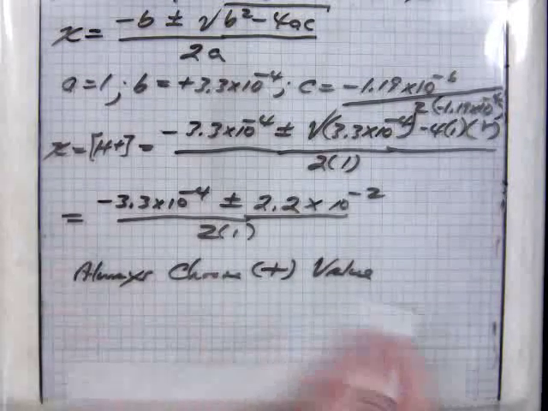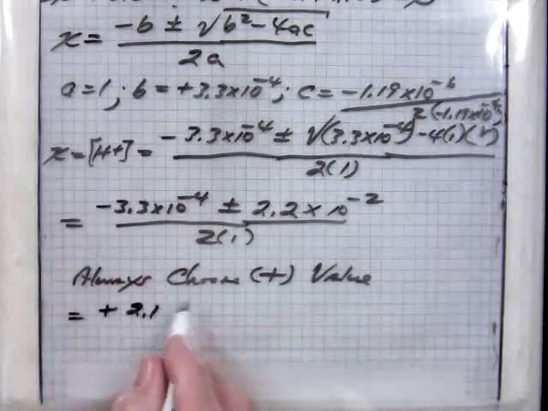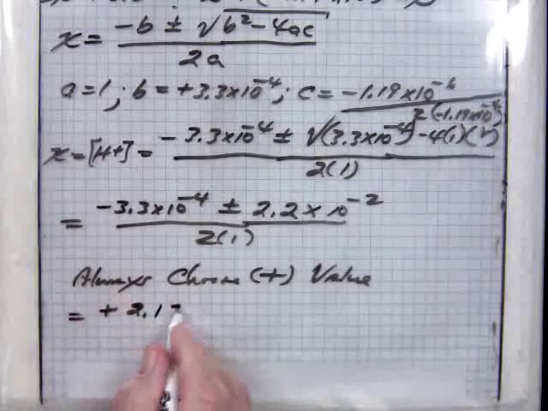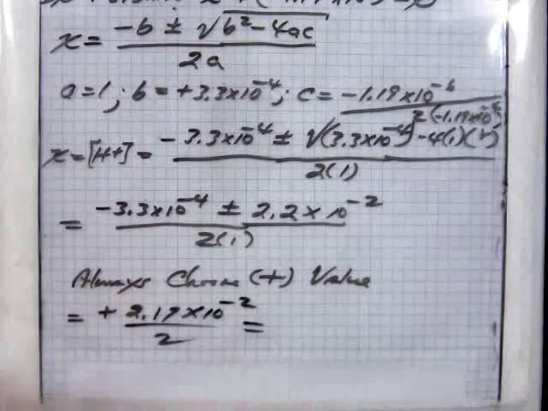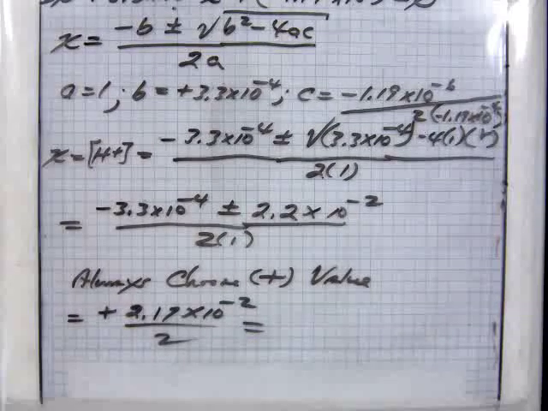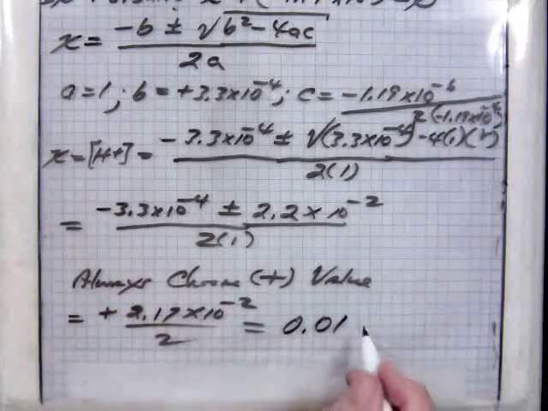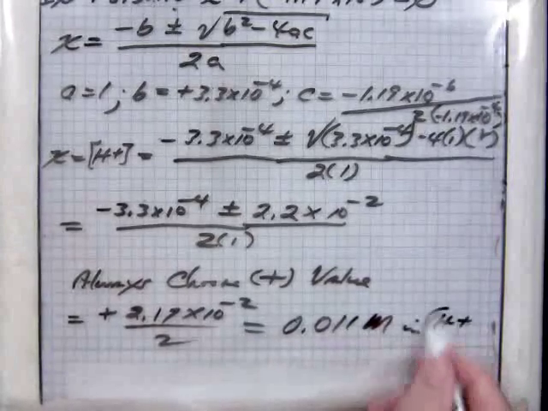So that essentially is 2.17 times 10 to the minus 2 over 2, and I get 0.011 molar in hydronium ions.